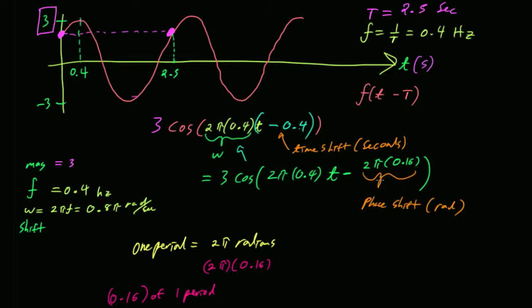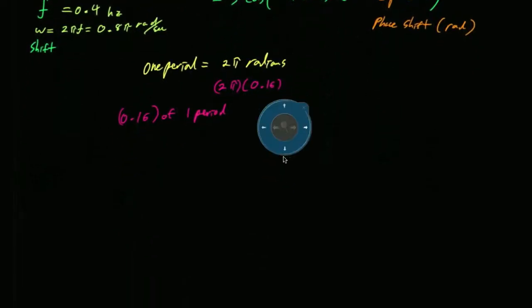Okay? So generally speaking, our generic cosine can be written like this. We have a constant k times cosine of omega t plus a phase angle theta.